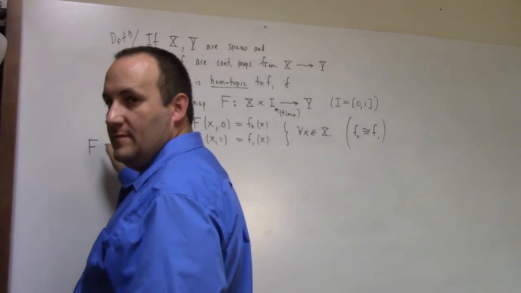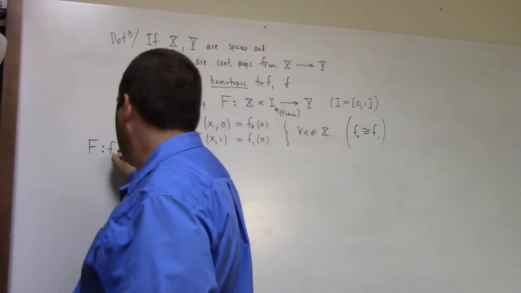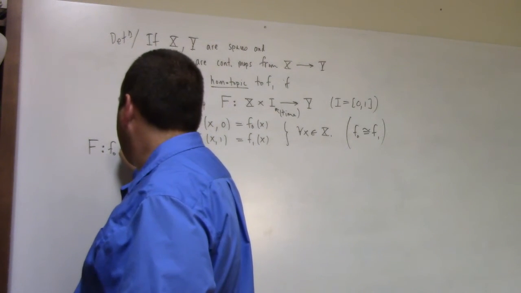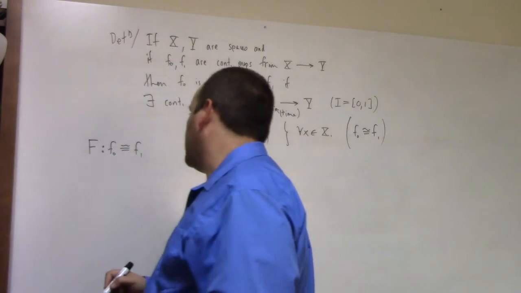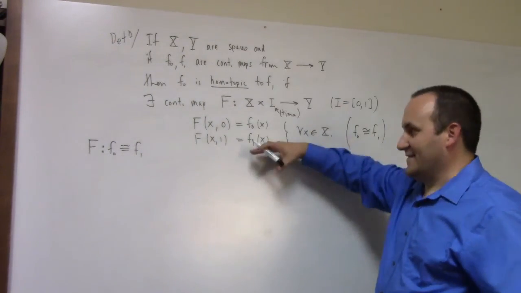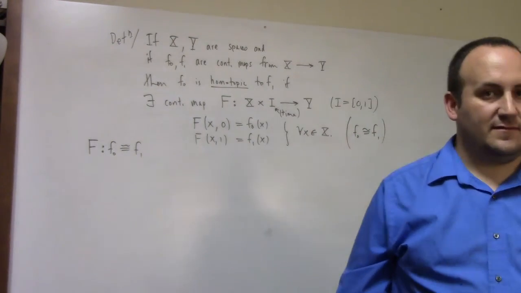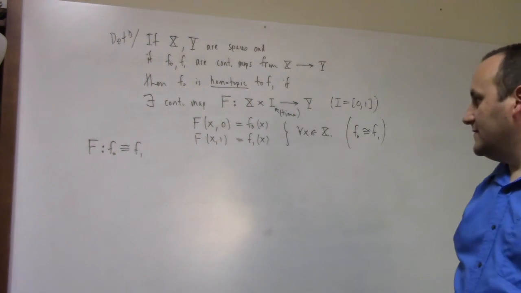Yeah, they will say F colon F naught homotopic F1 to mean that F is a proof that F naught and F1 are homotopic. Oh. That is in fact what's required to prove that they're homotopic, the existence of F. Yeah. So it's a nice notation.